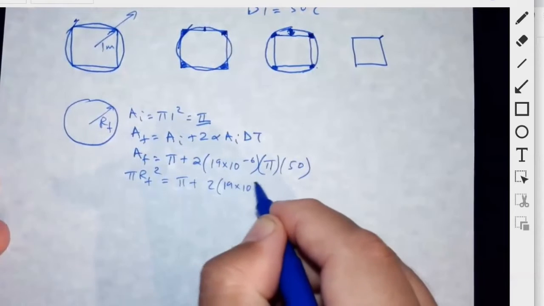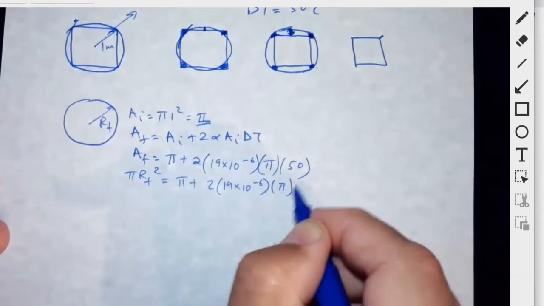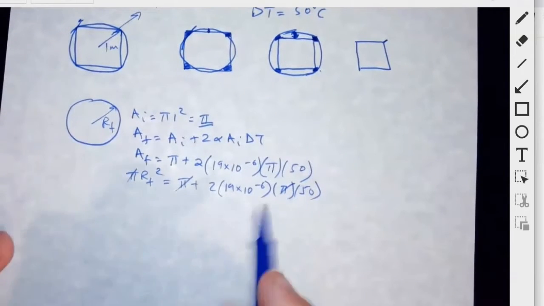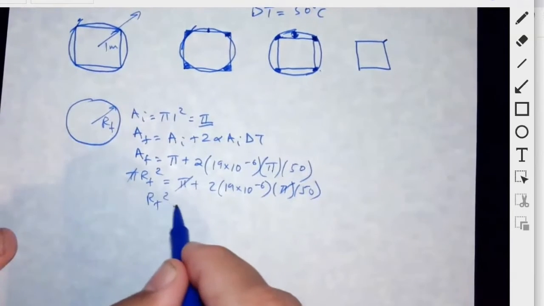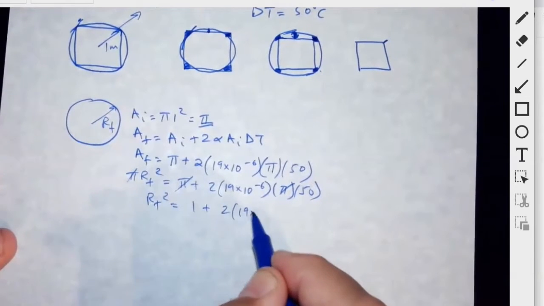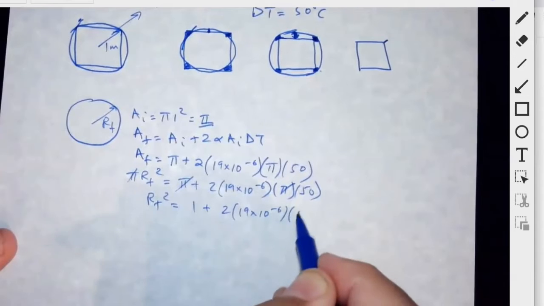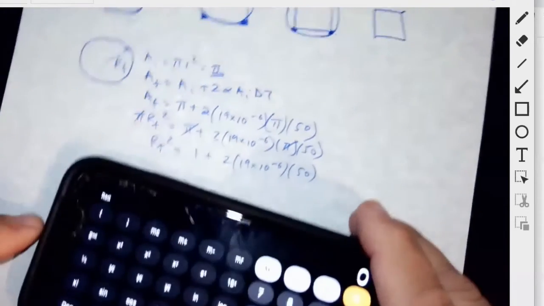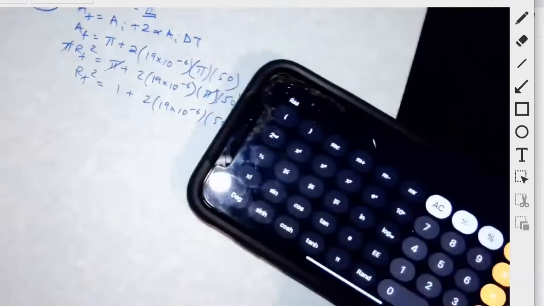Pi cancels. So now I'm left with R final squared is 1 plus 2 times 19 times 50 times 10 to the power of negative 6. Okay, let's calculate that. A lot of the calculations you can do with your iPhone tool.